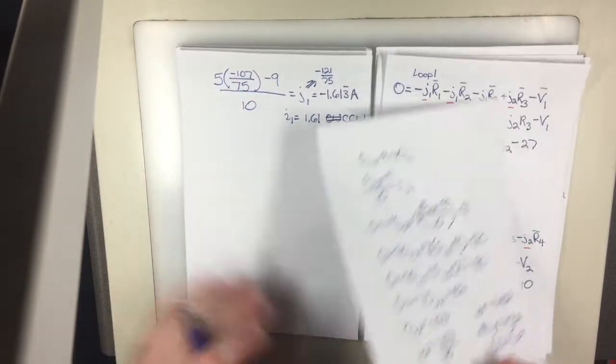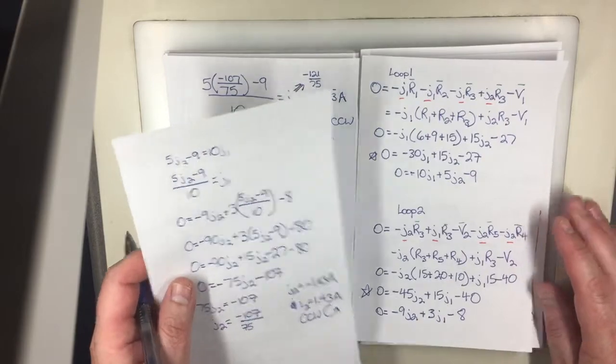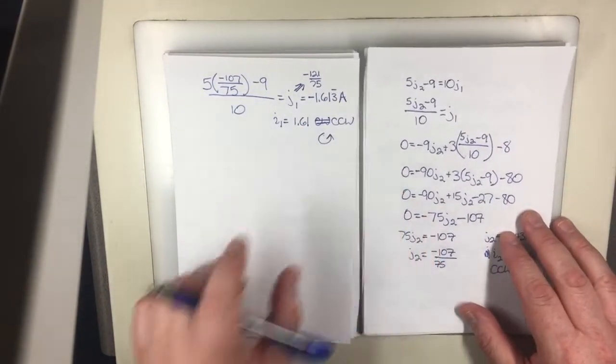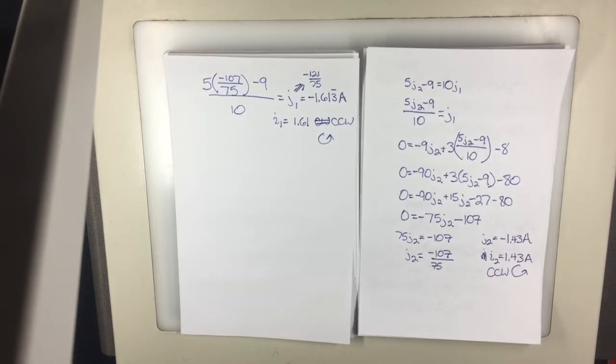And for all of these Kirchhoff's law problems, the laws are set up the same way. You set it up as a two equation, two unknown problem. The goal is to get J1 and J2. And now that you have J1 and J2, things get a lot easier.